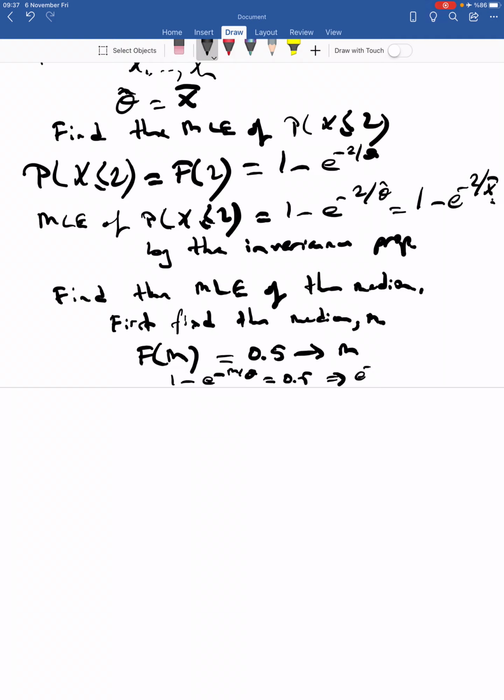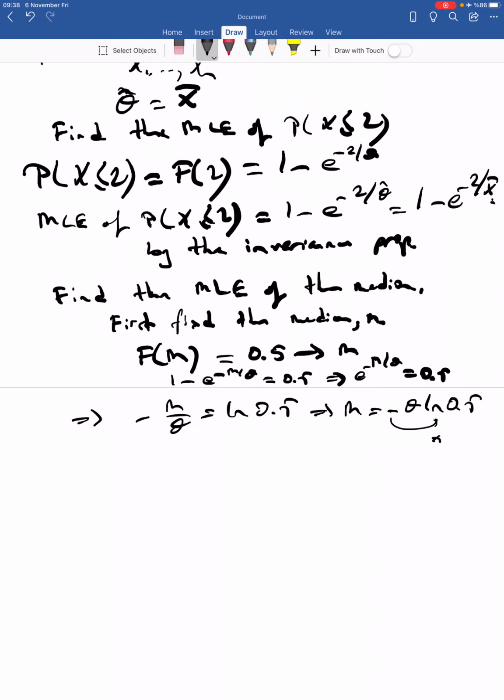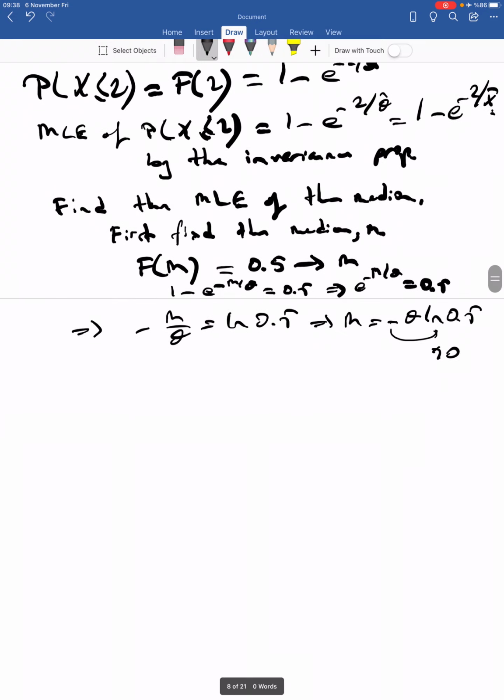Then we get e to the minus m over theta equals 0.5. Then take the ln of 0.5, so m equals minus theta ln of 0.5. Basically, this is positive because ln 0.5 is negative, and with this negative sign it becomes a positive value.